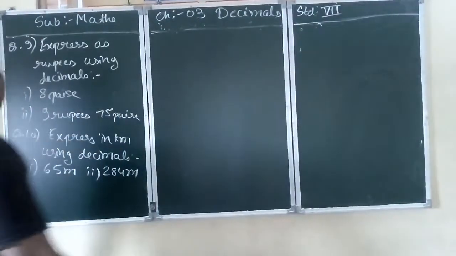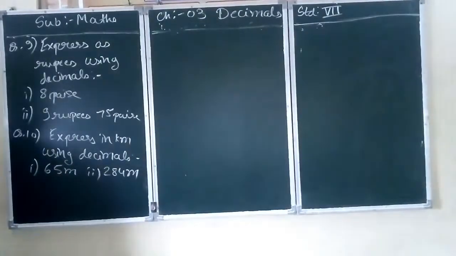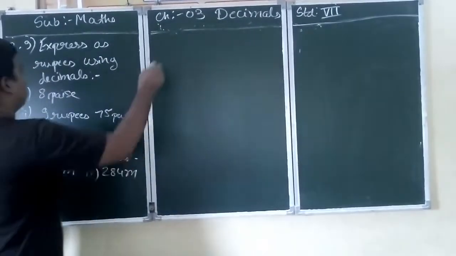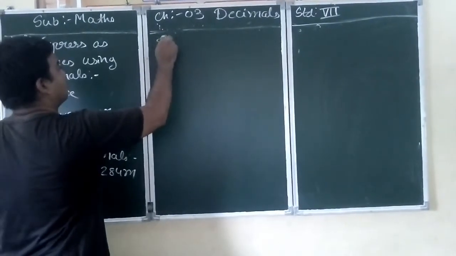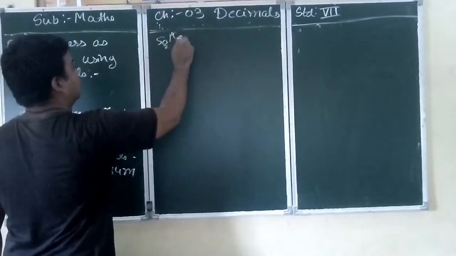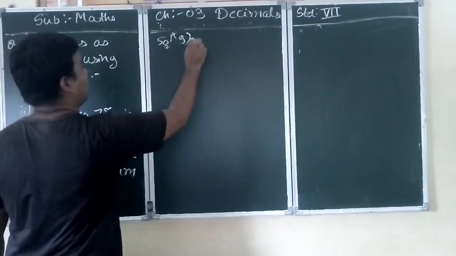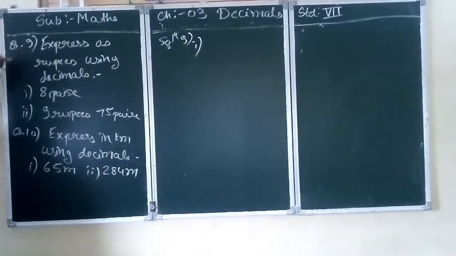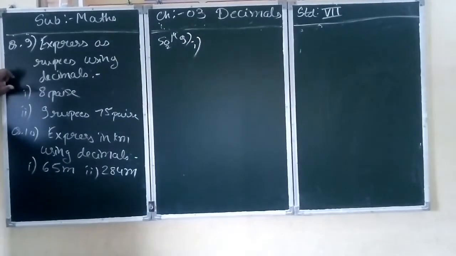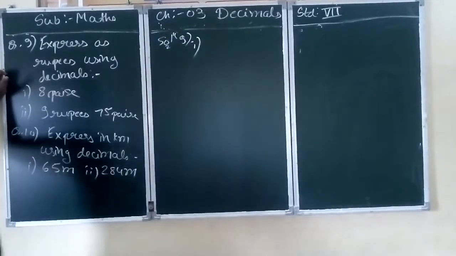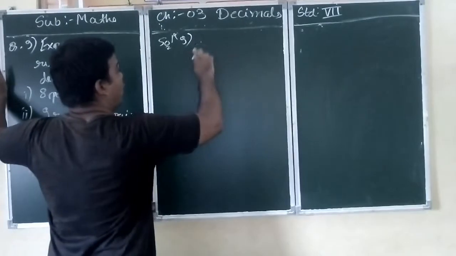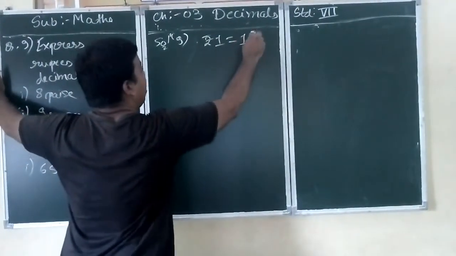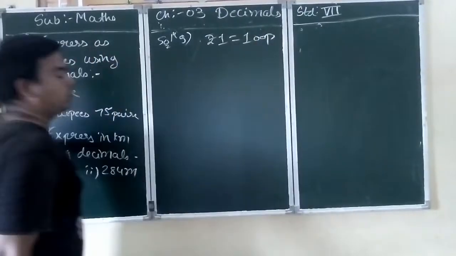Now question number 9. Express as rupees using decimals. First part: 8 paise. We know 1 rupee means 100 paise.